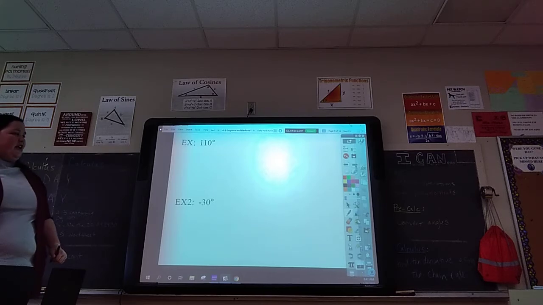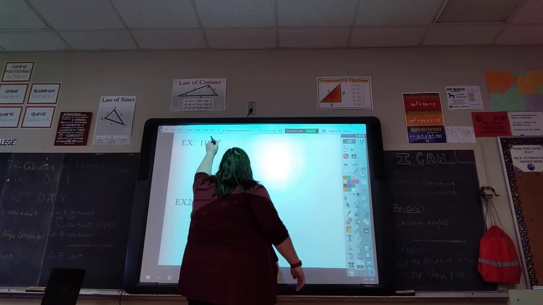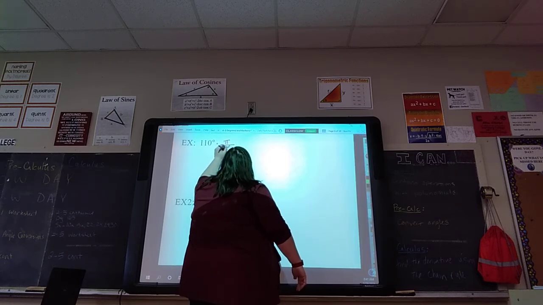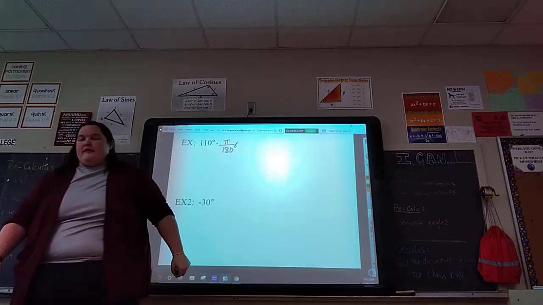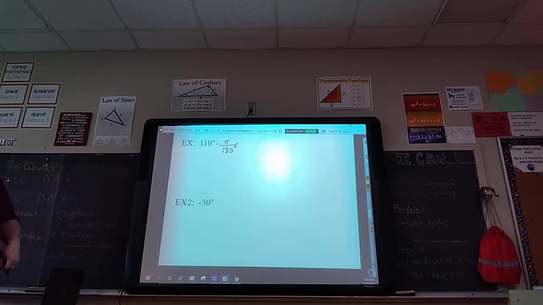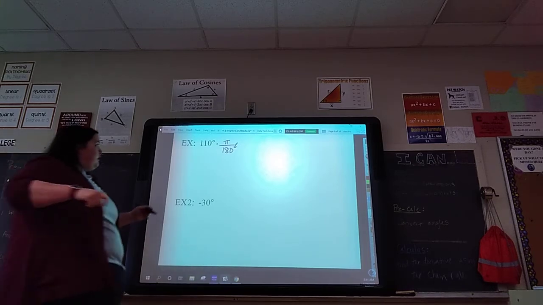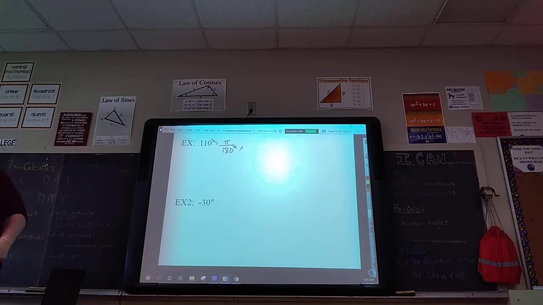So if we have a degree and we want to convert it into a radian, we use the ratio of pi over 180 degrees, because we'll be able to cancel out the degrees and then simplify the fraction. Usually we like to leave these as exact values.